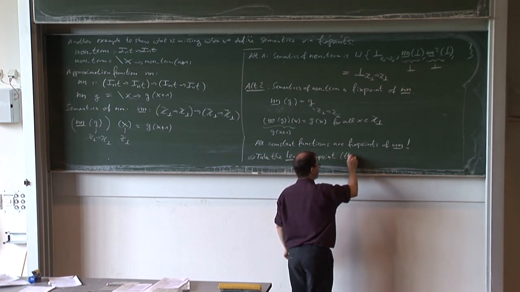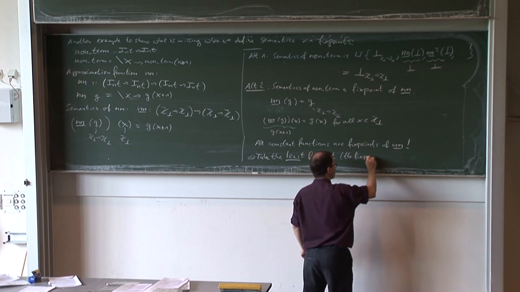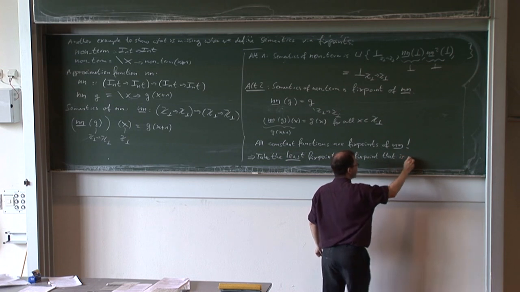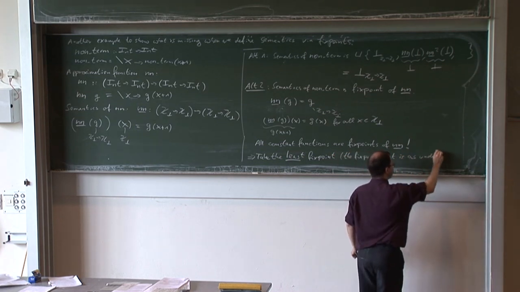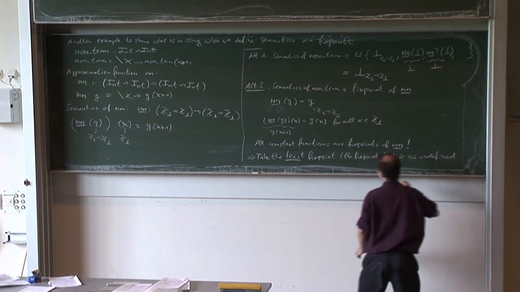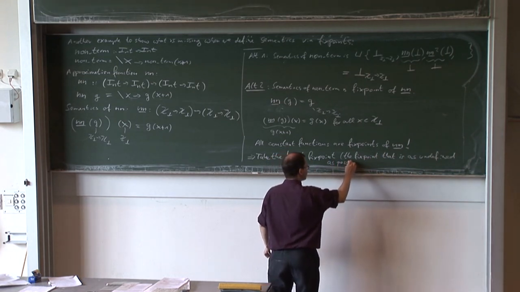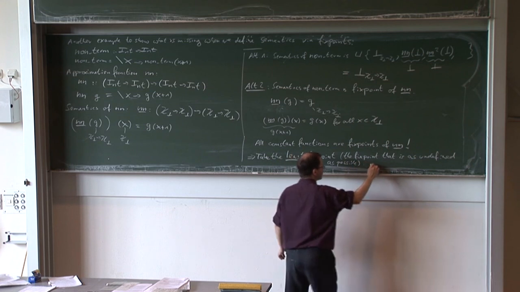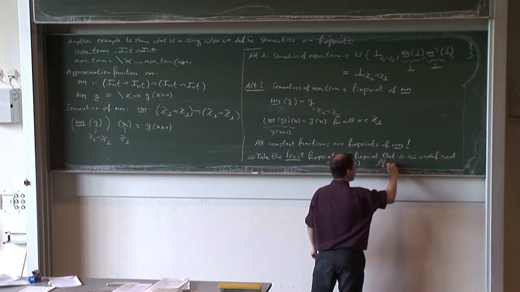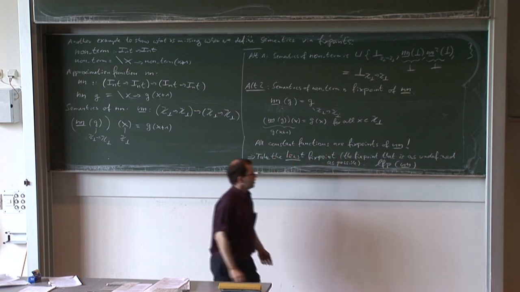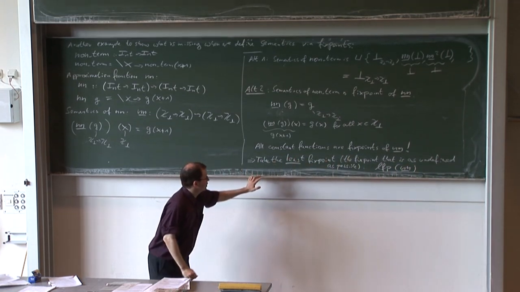This is the fixed point that is as undefined as possible. And we denote this by LFP, for least fixed point of nn.